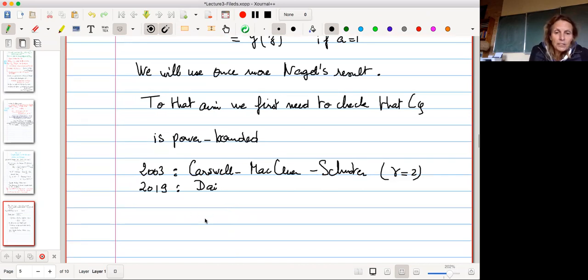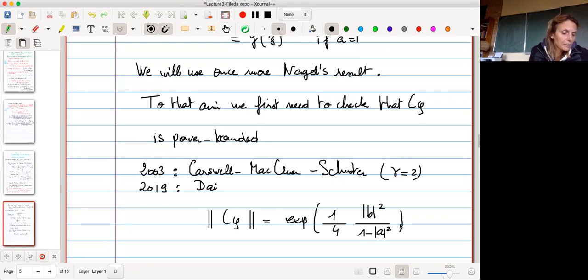We have an estimation of the norm, which is independent of the parameter. The norm of C phi is in fact equal to the exponential of 1/4 the modulus of B square over 1 minus the modulus of A square, if at least phi is AZ plus B with A strictly less than 1.